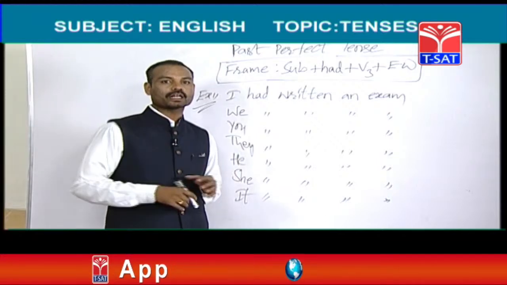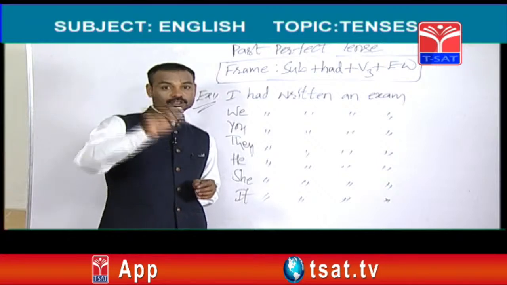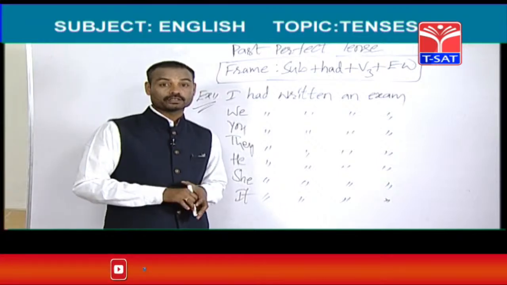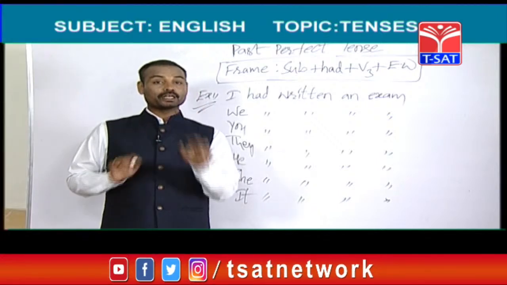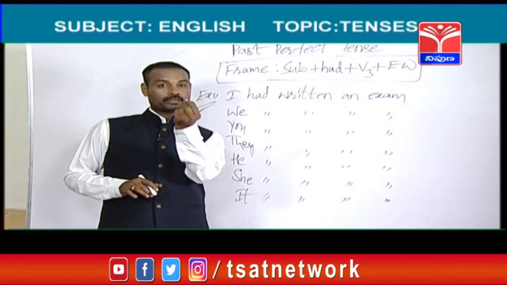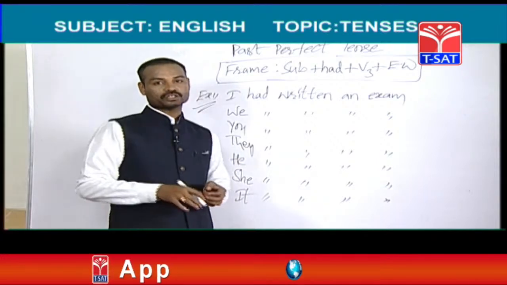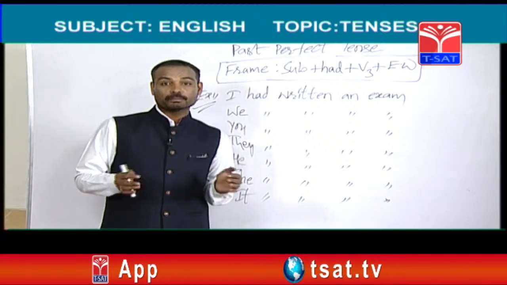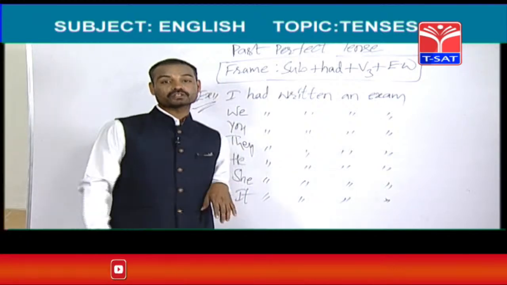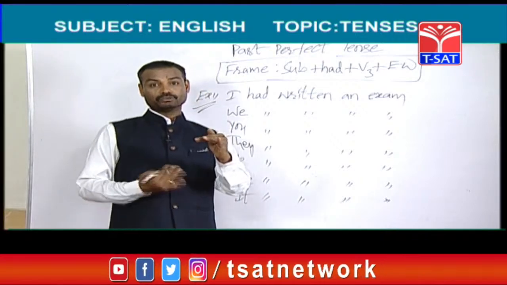Today in the morning you went to the railway station at 9 o'clock, but the train had already left the station at 8:45. So at the same time two things happened here. So action number 1 is train left the station, and the second action is you reached the station. Between these two completed actions, which action has been completed first? Train left the station. That work has been finished before this work.